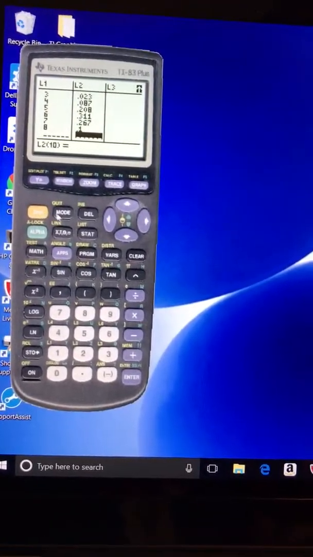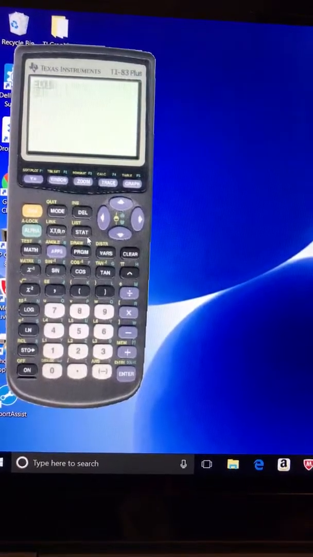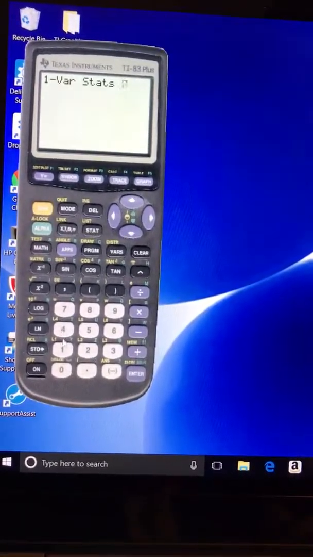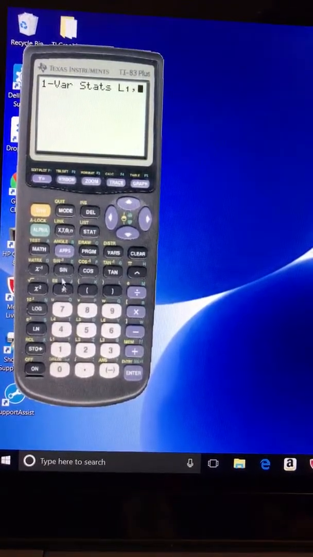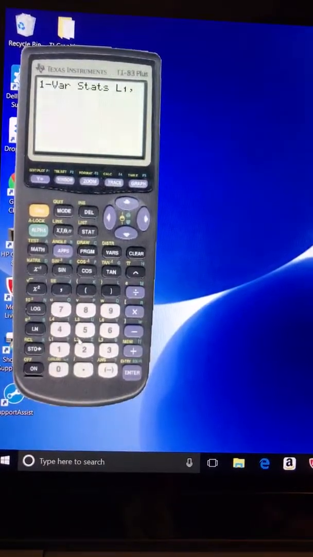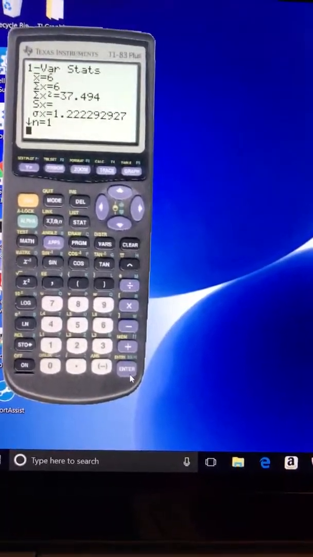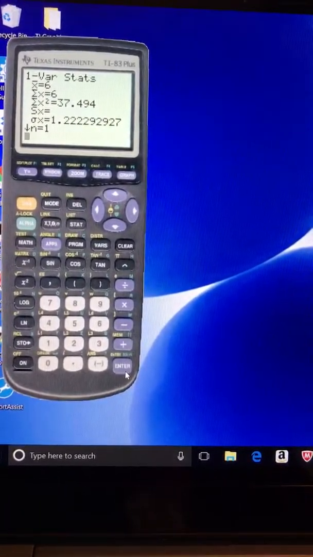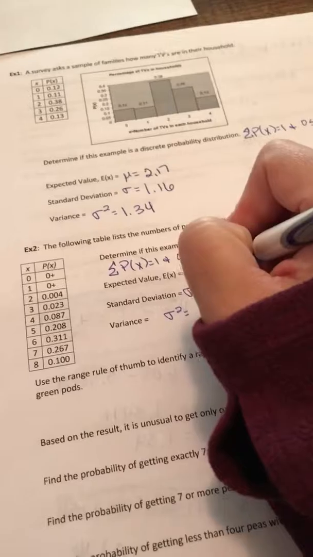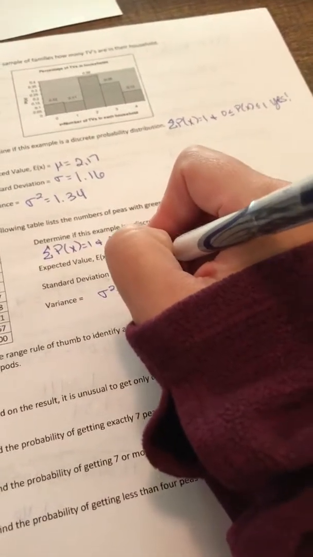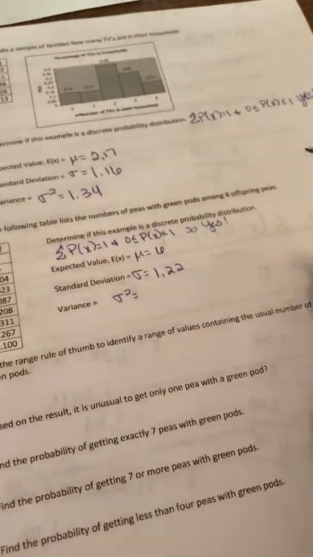And then once we're done, we can get out of there, second mode, go to Stat, Calc, choose the first one. You're using 2 lists, so do L1, comma, L2. Hit enter. So there's our mean and our standard deviation, and then we can find our variance. So our expected value, or our mean, is 6. Our standard deviation is 1.22, and we'll just round to 2.